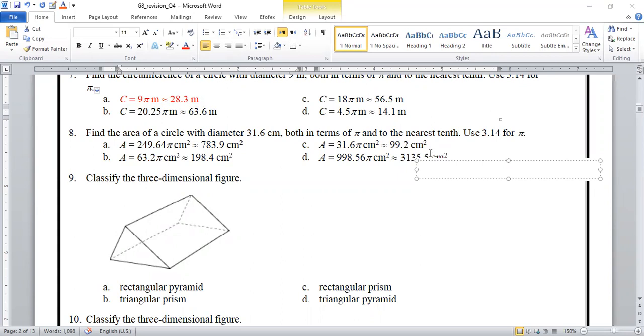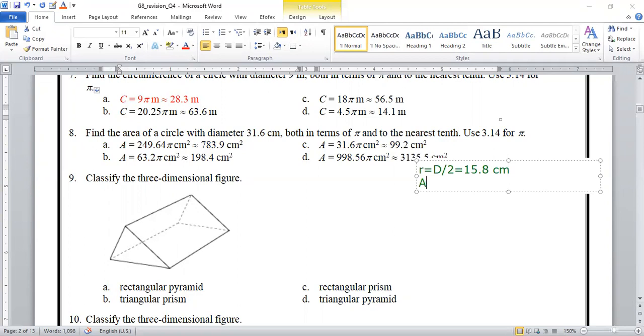So we need to get the value of the radius. We know that radius equals diameter over 2, or half the diameter. Here the diameter is 31.6 divided by 2, so the radius equals 15.8 centimeters.